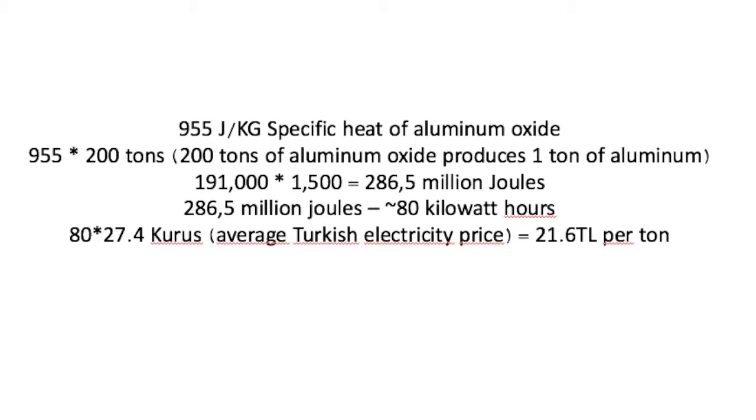This number would be around 80 kilowatt hours, and using the average Turkish electricity price, which is taken from the Doğan news agency, we could say that 21.6 TL would be spent per ton of aluminum made. This might not sound like much, until we realize that the average aluminum plant can produce 1 million tons of aluminum each year.